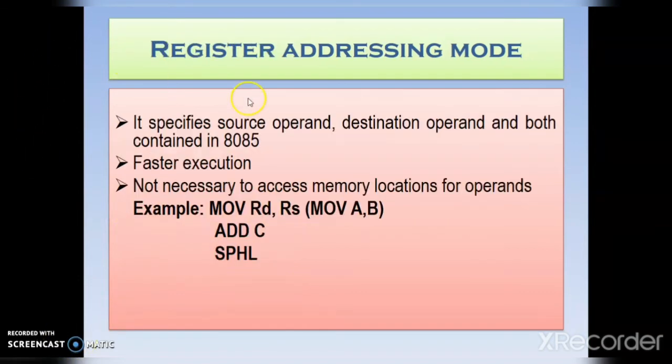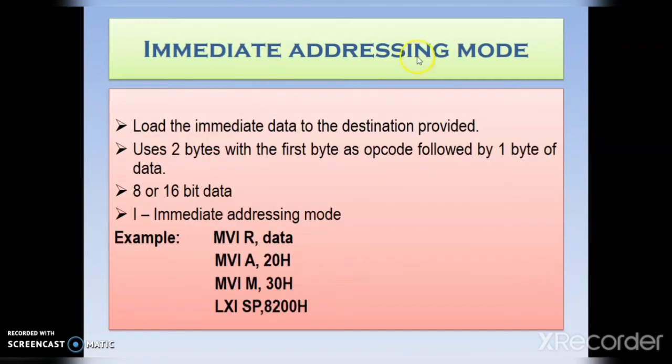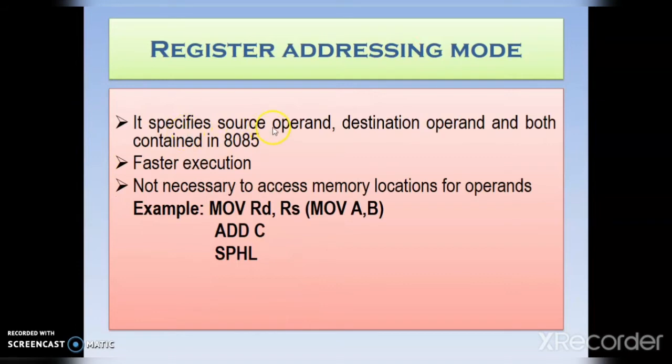The next one is register addressing mode. In this register addressing mode, we have a source operand, a destination operand, or both. It contains source and destination. This mode specifies the register or register pair that contains the data. In this example, the register addressing mode contains the source operand and destination operand, both contained in the 8085 processor.